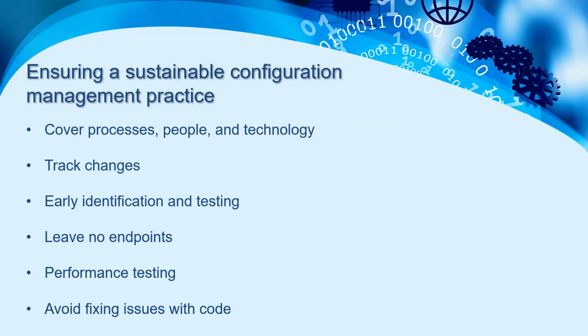So a situation whereby you have 100 PCs, 100 workstations within your enterprise, and you have only keyed in 20 into your configuration management system, that is not a good practice to ensure a sustainable configuration management system. So it's always important to make sure that all the endpoints, all the systems, all the equipment you have within your organization is captured. You must not leave any endpoint.